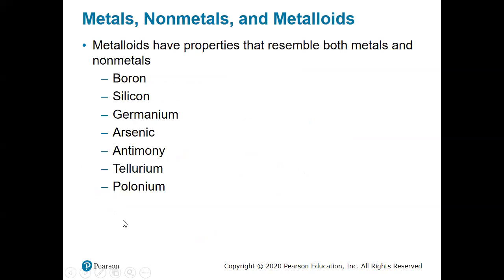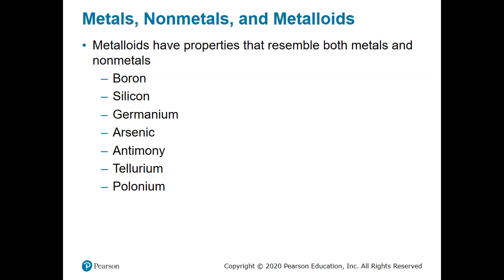What about metalloids? Well, metalloids kind of fit in the middle. So I mentioned on the previous slide about boron and silicon and arsenic. Those are technically considered metalloids. They technically have properties of both.